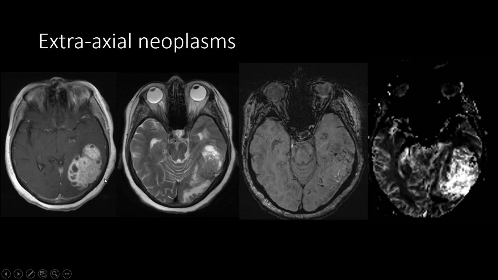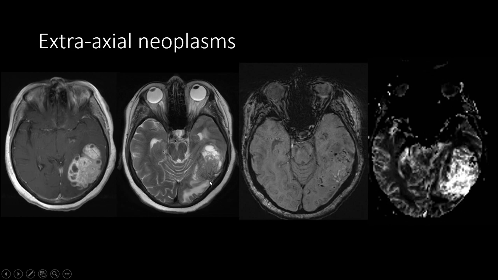Really, I think probably the best clue that this is an extraaxial mass, or at least began as an extraaxial mass, is this dural-based vascular pedicle. We see along the outer aspect of the mass this little pedicle of vessels extending into the mass. Here on the SWI sequence, we see these arteries coming right from that pedicle.